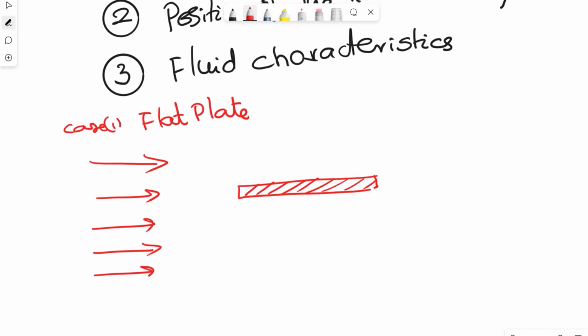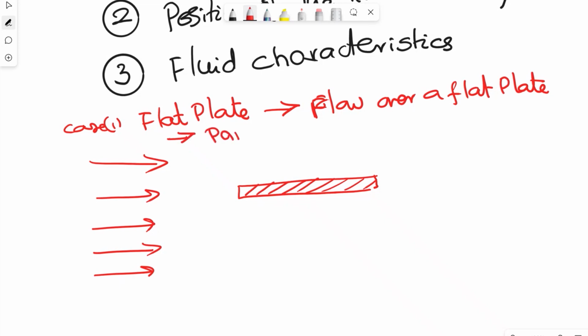So the flow over a flat plate, and this plate is kept parallel to the direction of flow.